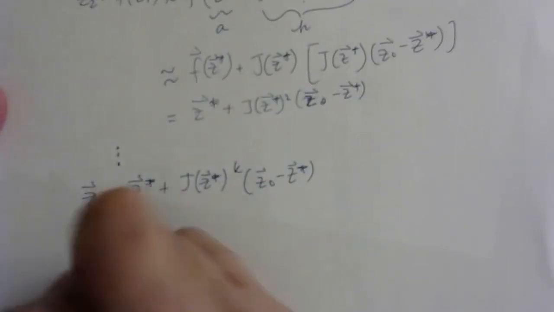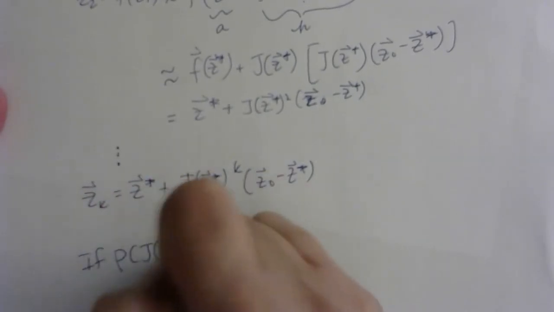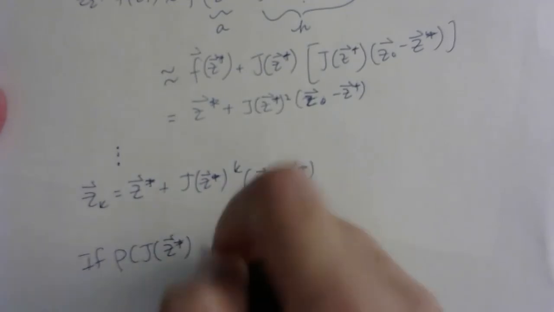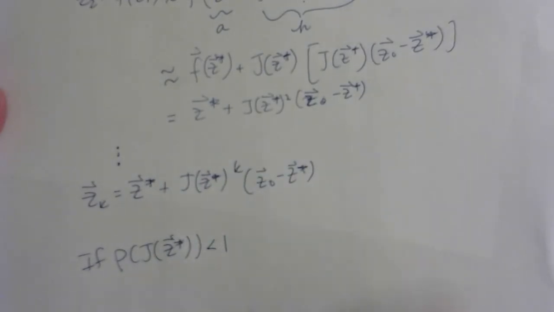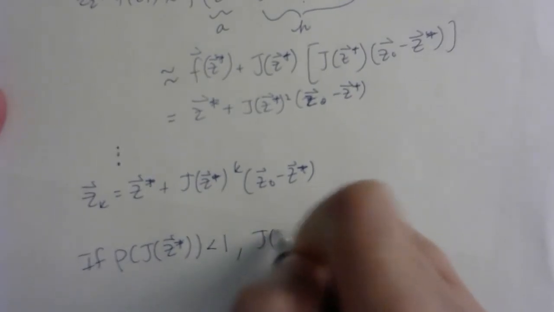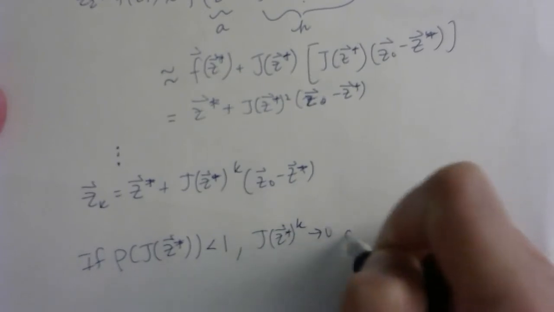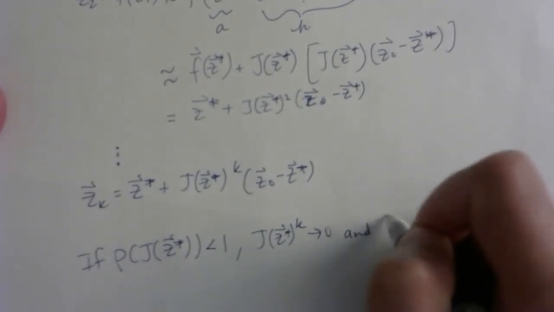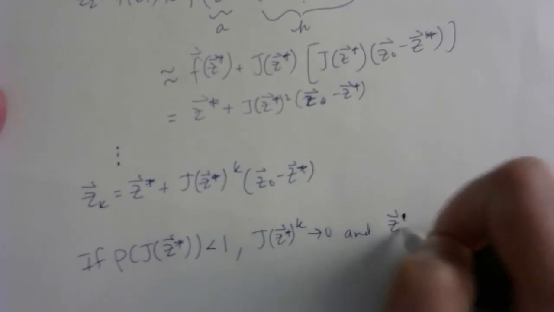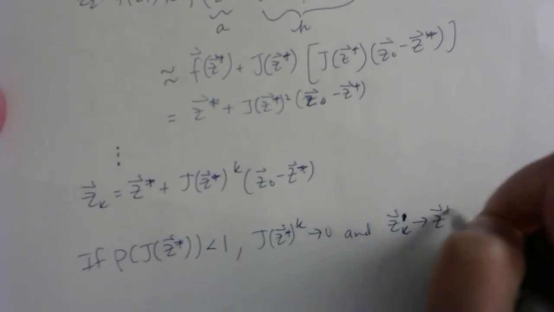So if the spectral radius of the Jacobian is less than 1, then the Jacobian to the k goes to 0, and Z_k, not Z to the k, goes to Z star.